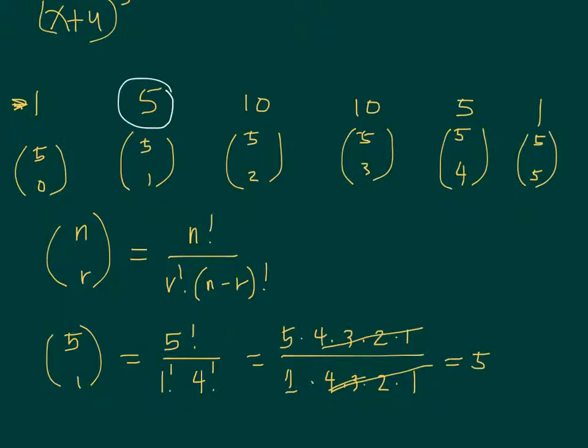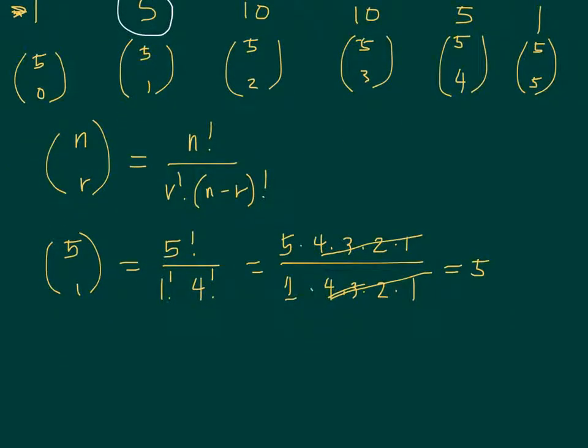Now, other people would take the combination this way. Like if I have 5 taken 1, then I'll just have 5 over 1 factorial times 1. So you start with 5, and since you only have 1 as one number, you only use it once, so 5.